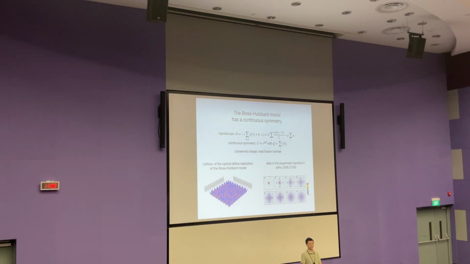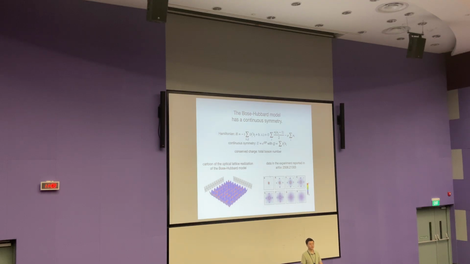Question about this example? Yeah. Why do we need to conserve the total boson number, or is that just a setup for this experiment? Because I think you talked before in an earlier lecture about fermions, that we don't actually need to conserve fermion number, only parity. So why in this experiment for this situation?